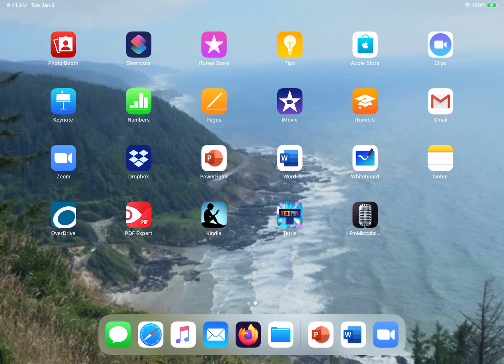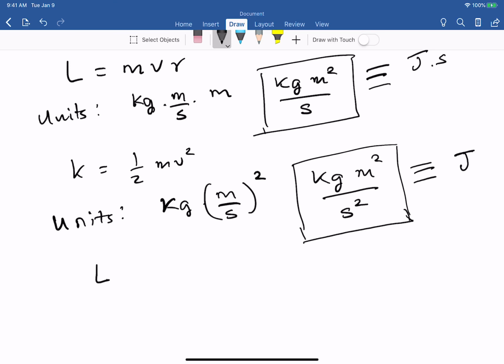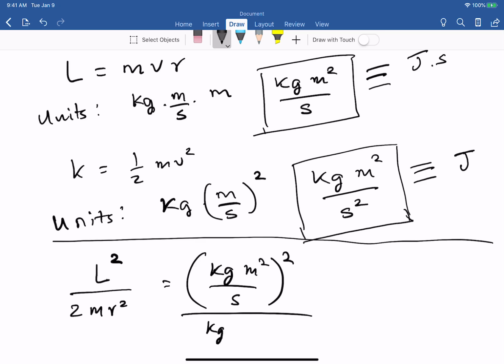So let's see if that is the case. K is equal to L square over 2mr square. Let's see what units that works out to. Let's plug in L. So that's kg meter square divided by second, divided by, 2 doesn't have any units, mass is kg and r is meters, so that's squared. Let's simplify this.